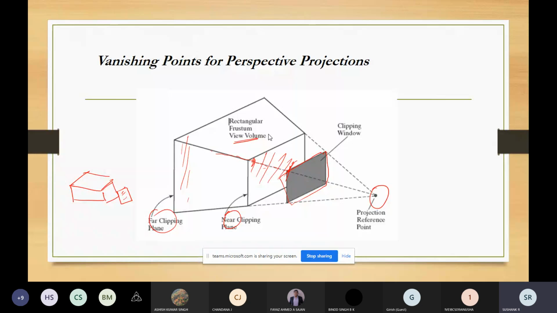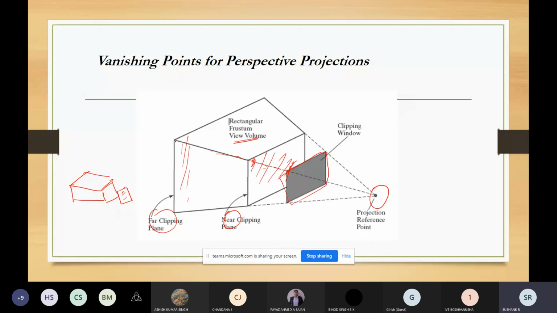So what we are doing is adding the clipping planes, the near clipping plane and far clipping plane. By adding these clipping planes such that they are perpendicular to the z view axis, we remove some part of the perspective projection volume to form a truncated pyramid, which we call the frustum view volume.